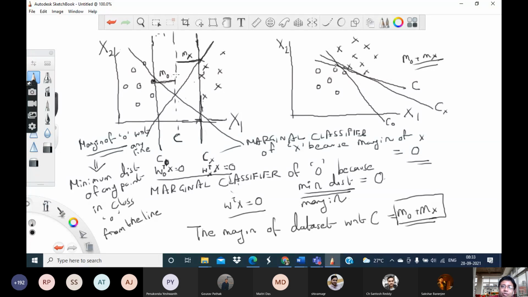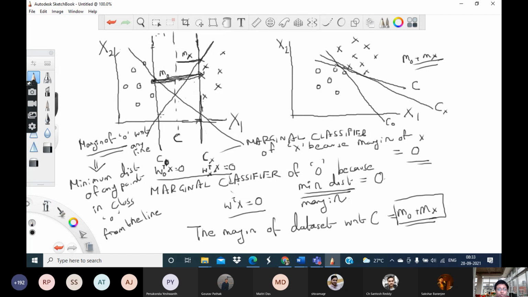Its margin with respect to the cross class will be something else, let us say this distance. Maybe this point is closest, so whatever is the distance of this cross point from C circle, that distance is the margin of the cross class.